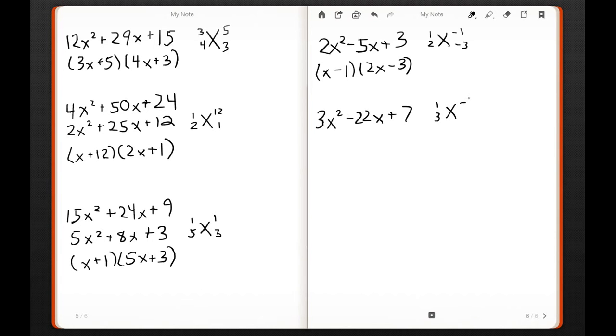So negative 7 times 3 is negative 21. Negative 1 times 1 is negative 1. Negative 21 plus negative 1 is negative 22. And once again, negative 7 times negative 1 will go back to positive 7. So this will be x minus 7 and 3x minus 1.